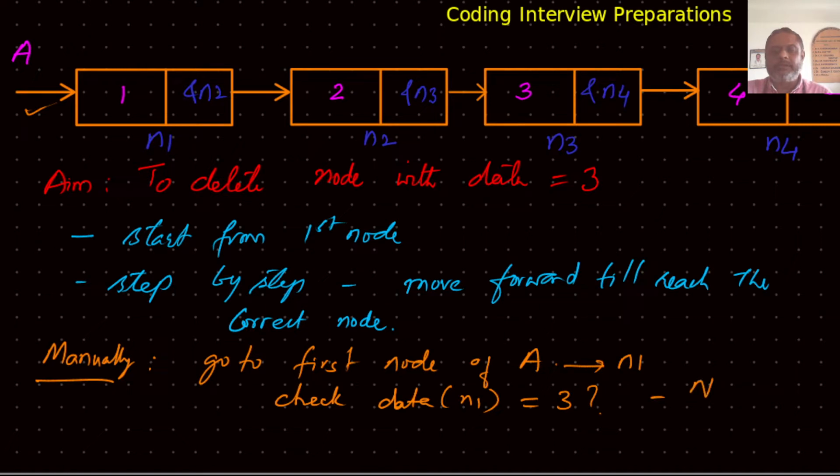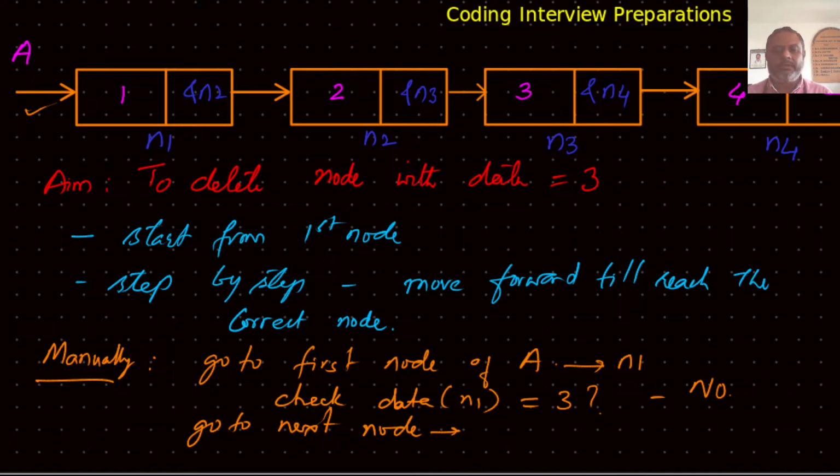The answer is no, because data of N1 is 1. What next? Then go to the next node. How to go?